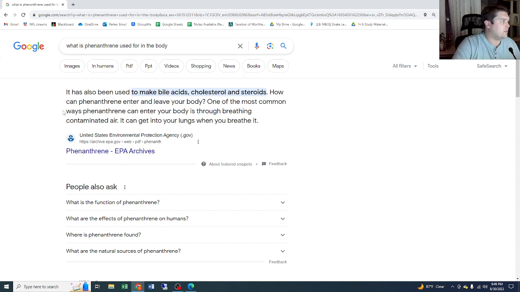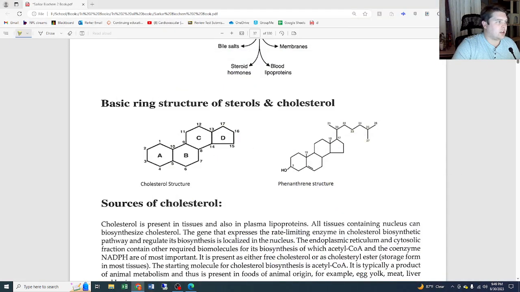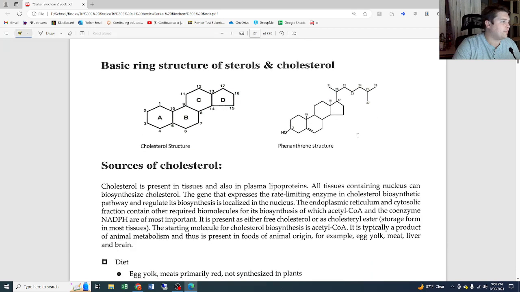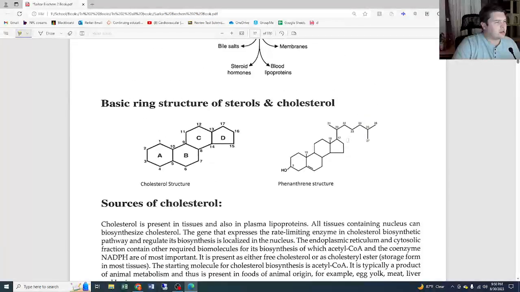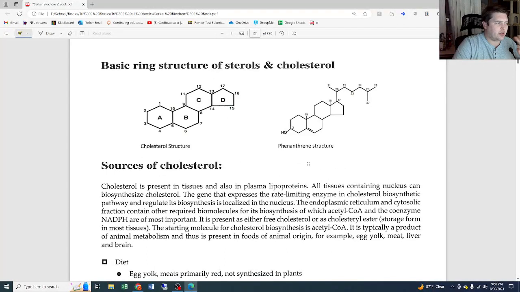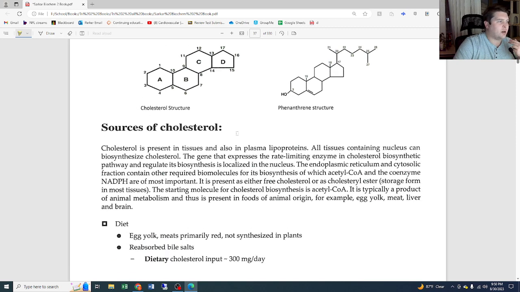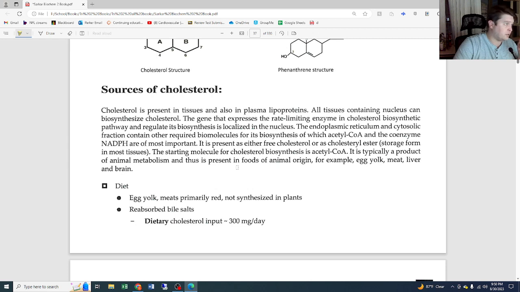So one of the most common ways that it can actually enter your body is through breathing contaminated air. It can get in your lungs when you breathe it. So that's interesting. It's a chemical as well as a different type of structure that's naturally found in our body. Just like anything, too much of anything is going to be bad. So we're going to use some of it to produce cholesterol. But again, if we have too much cholesterol in our bodies, we can have some not so nice things happen.